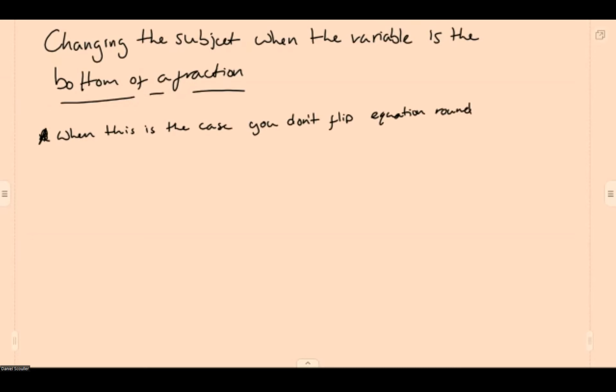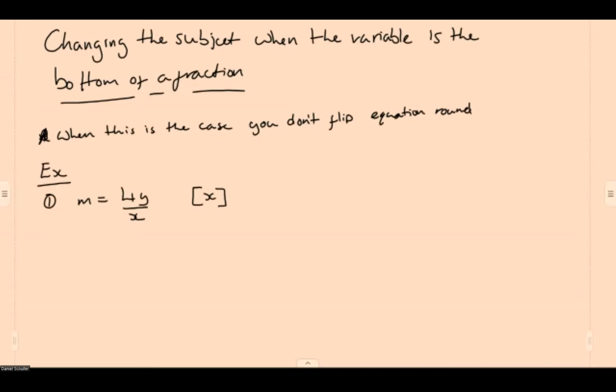Up until now, we've been flipping the right-hand side and the left-hand side to get the variable that we wanted over to the left-hand side. But because it starts on the bottom, in a question like this, where we're changing the subject to x, we keep it as is.